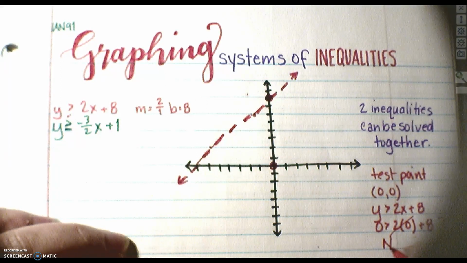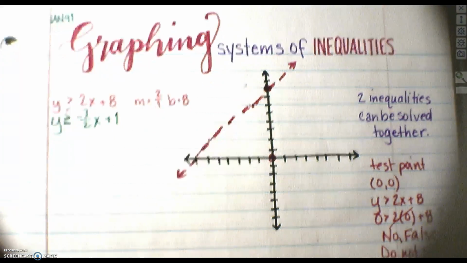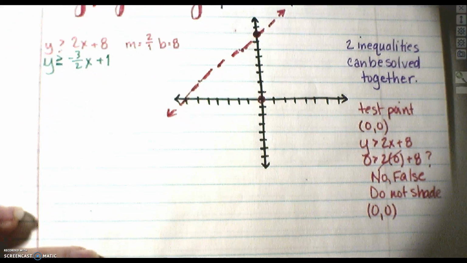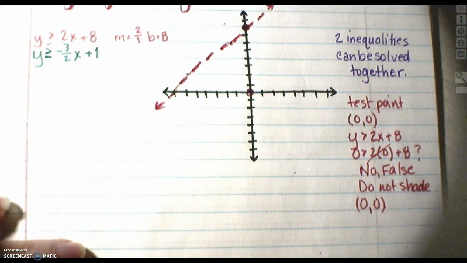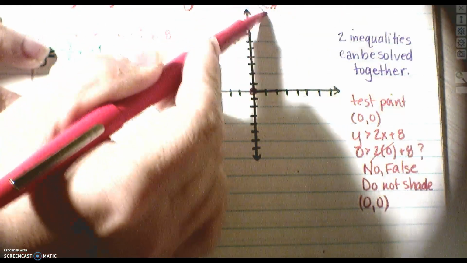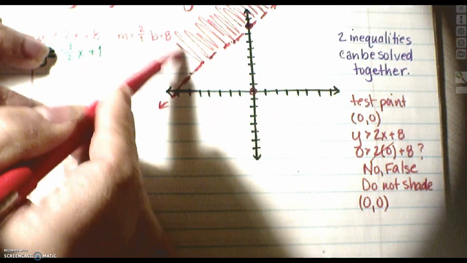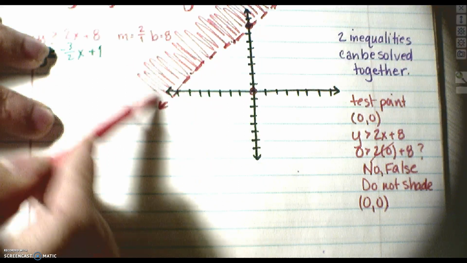Nope. 0 is not greater than 8, so do not shade 0, 0. It's not a part of the solution. So 0, 0 is down here, which means the half plane that gets shaded is the top of the line, not the bottom. Okay.